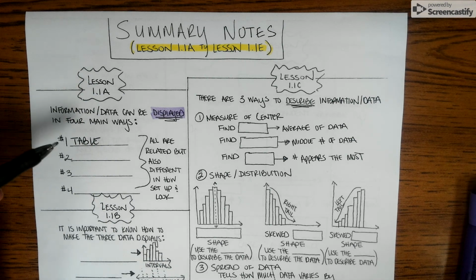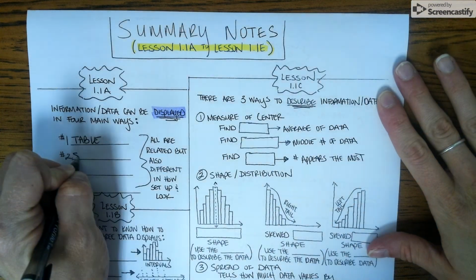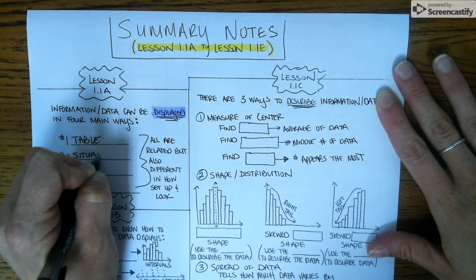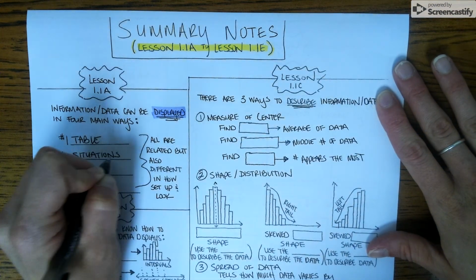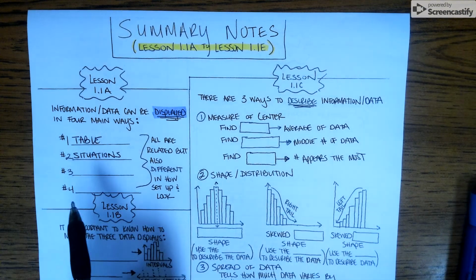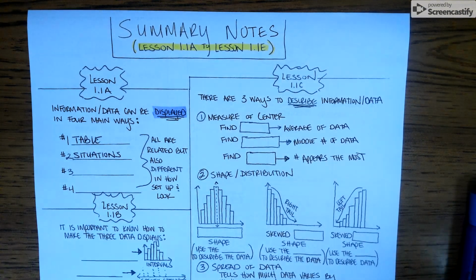The second way that we display our data is through situations. When I say the word situations, that might seem a little weird, but I want you to think in terms of word problems, or in words. You're describing what it is that you are seeing with your data, so you're using words to display your data.